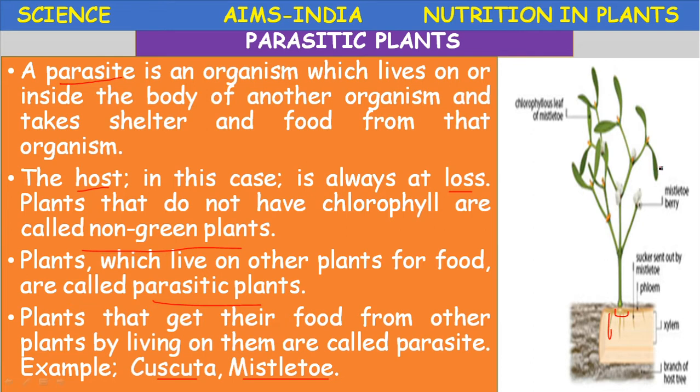Sometimes some chlorophyllous leaves are also present. Okay, the mistletoe is a partial parasite. It is not a total parasite because it undergoes photosynthesis, but partially it depends on the host for its nutritional requirement. Let us proceed.